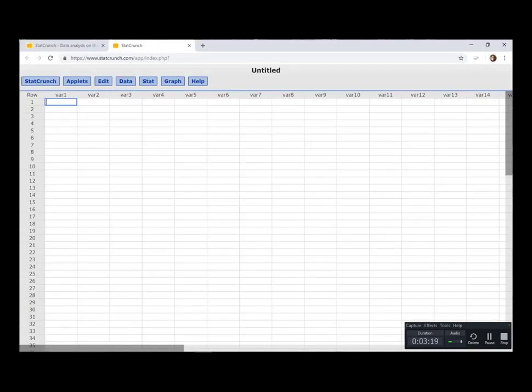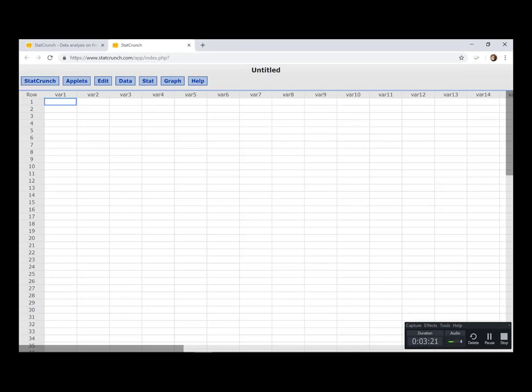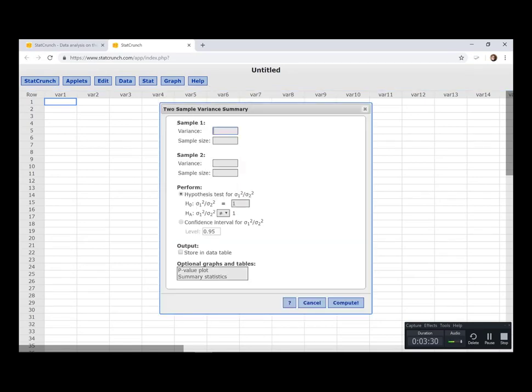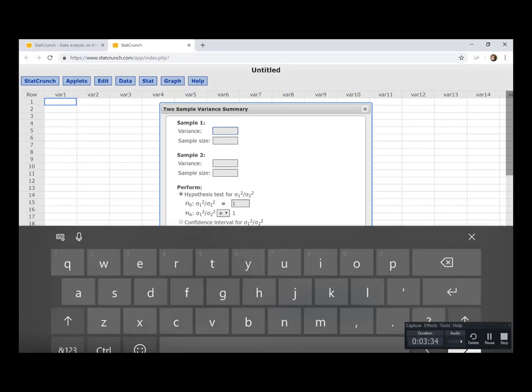So let's do that. And so I'm going to go to Stat, and I'm going to do variance statistics, two sample, but I'm going to go down to with summary.